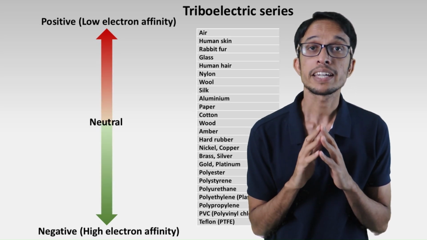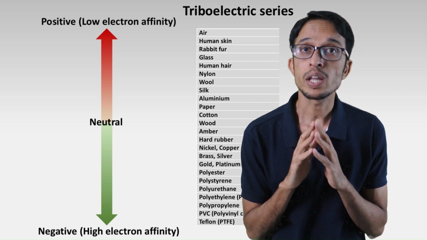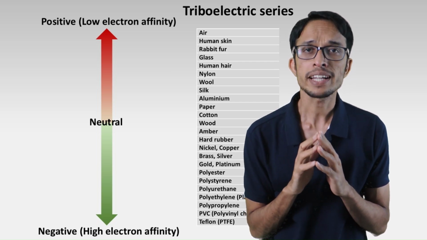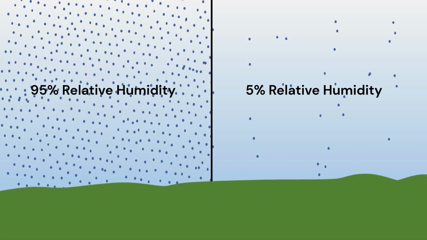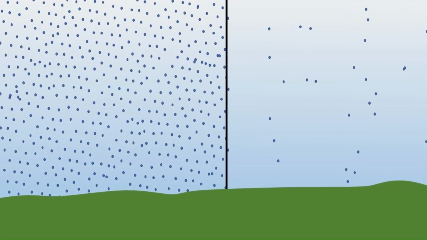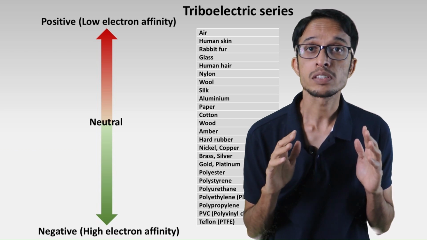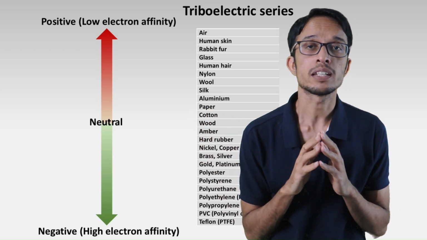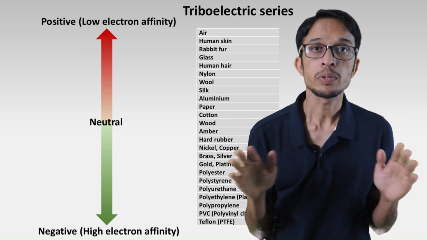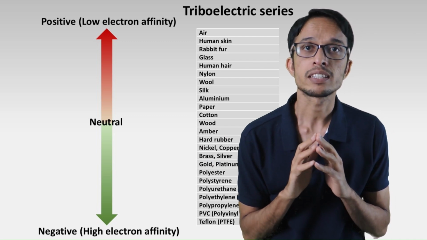Environmental conditions can also influence triboelectric effect. For example, in humid conditions, the water molecules in air act as conductors, allowing charges to dissipate to the surroundings, thereby dampening the triboelectric effect.